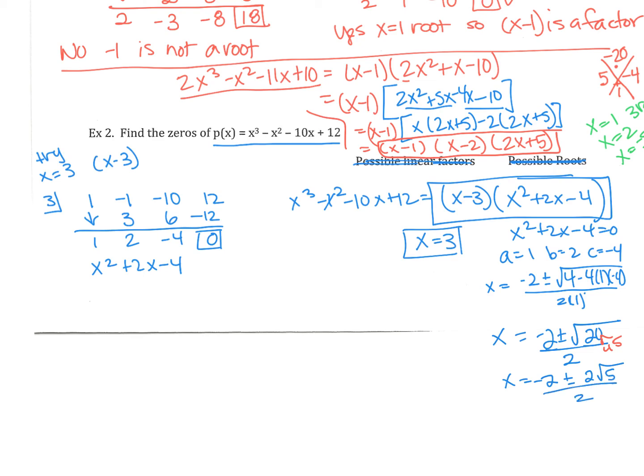Now you'll notice that both terms in my numerator have a factor of 2 that I can cancel with my denominator. So I would get x equals, now careful here, negative 2 divided by 2 is negative 1, plus or minus, then the 2's cancel to 1, square root of 5. So this is 2 real roots, and it's also going to be a decimal.